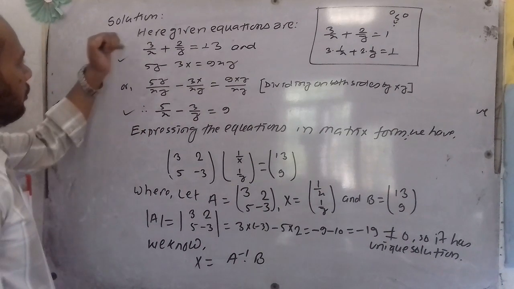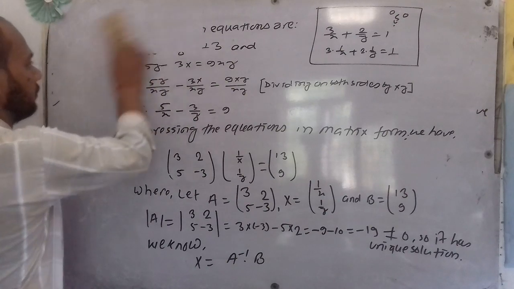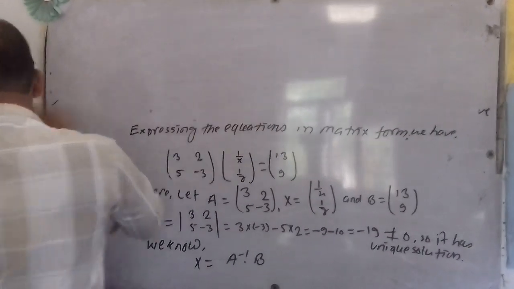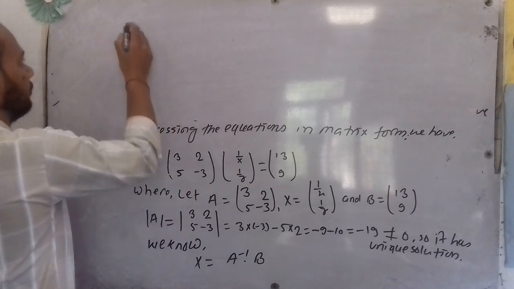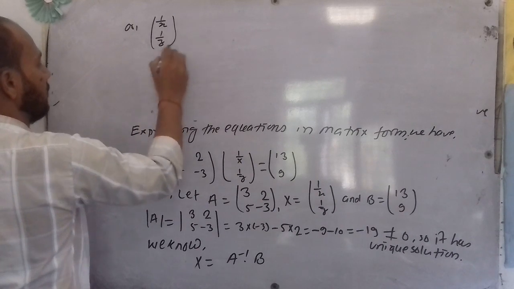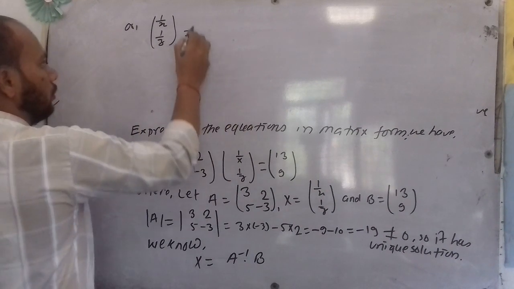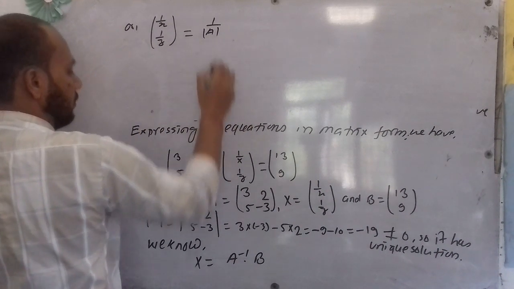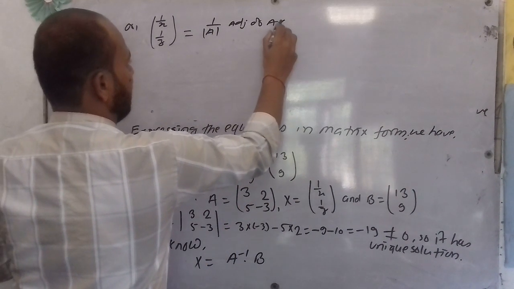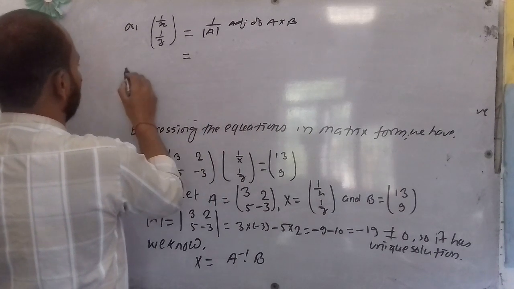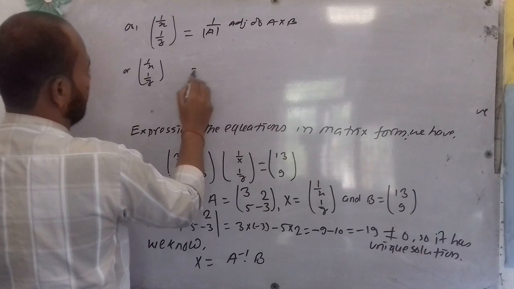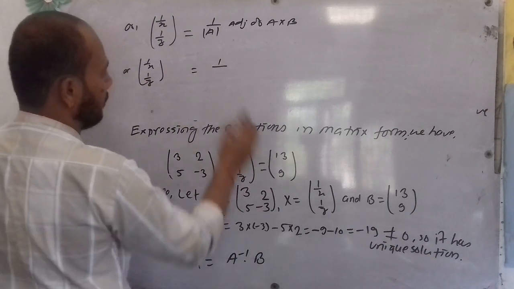Okay, now I am going to erase this. And here we have, in the place of x, 1 by x, 1 by y is equal to, you know the formula to find A inverse, 1 by determinant, adjoint of matrix A into B. Here 1 by x, 1 by y is equal to 1 by, what is the determinant?